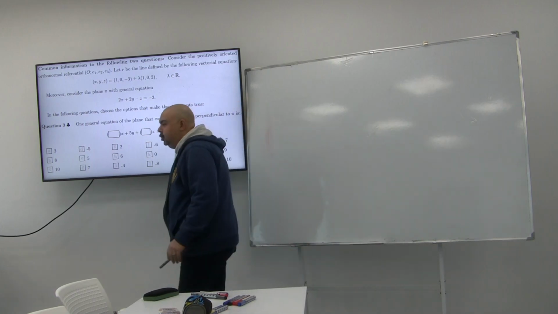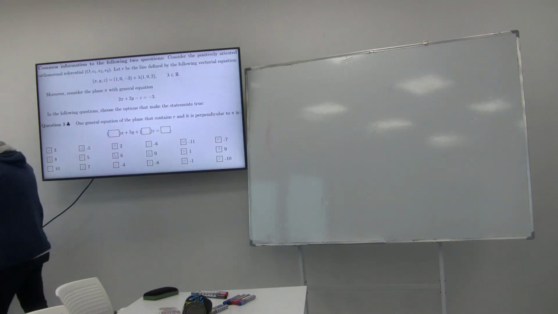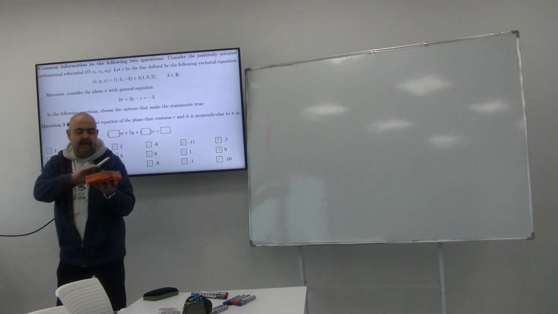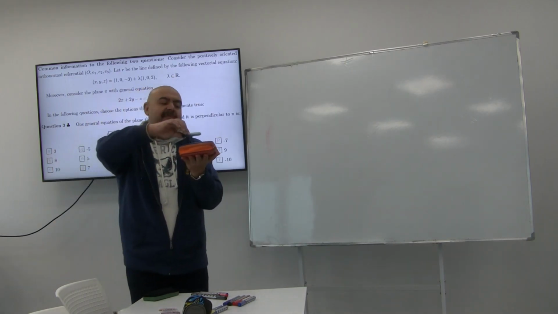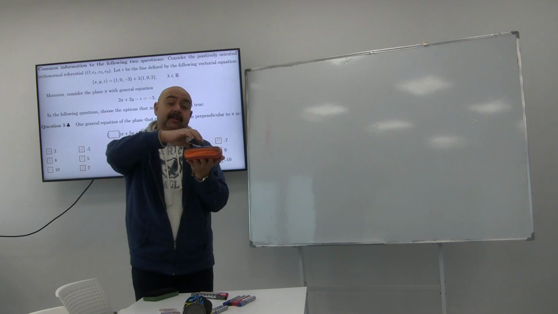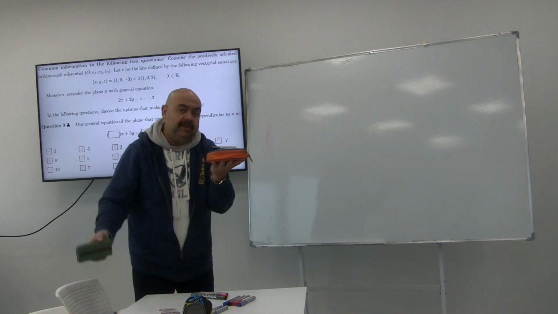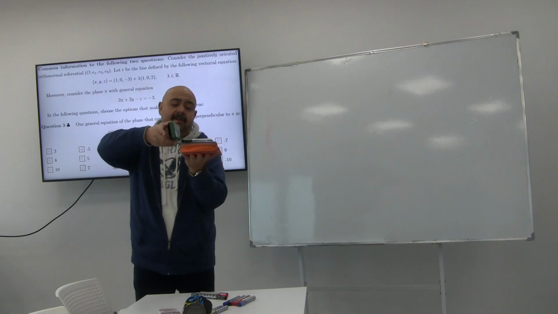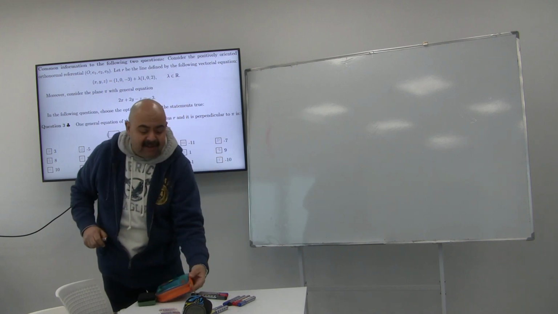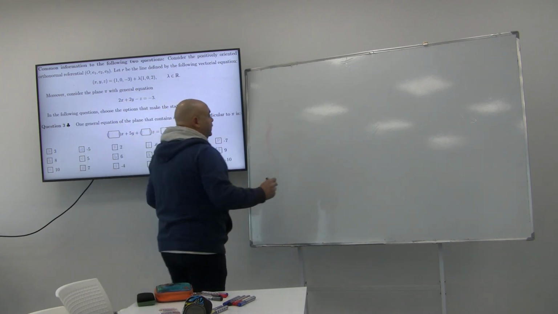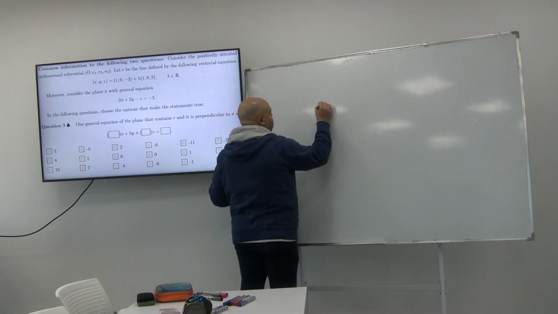So actually we are searching for a plane which may be something like this. This is the plane that you are searching for. You have R which belongs to this plane, and also you have another piece of information which states that this plane is perpendicular to another plane, which is given. So let's do it and see how to get advantage of all of this information.